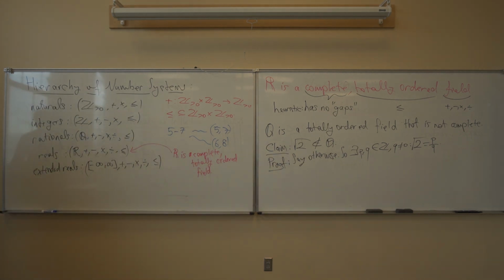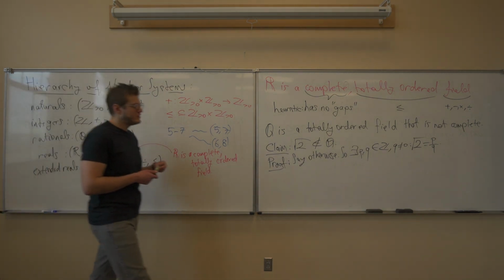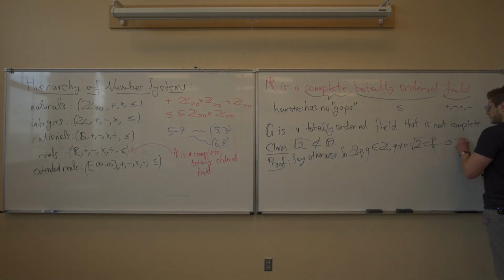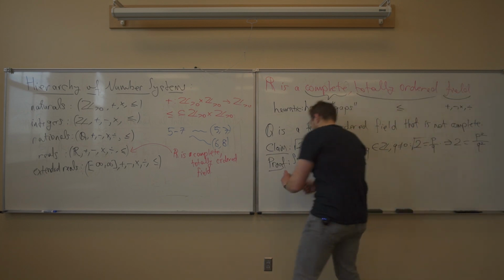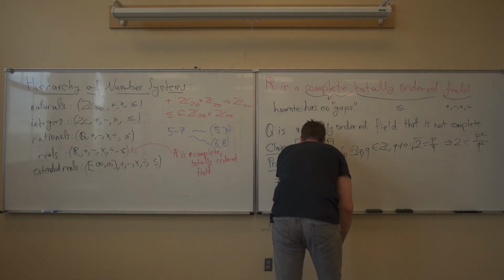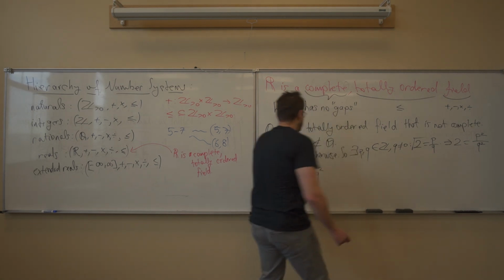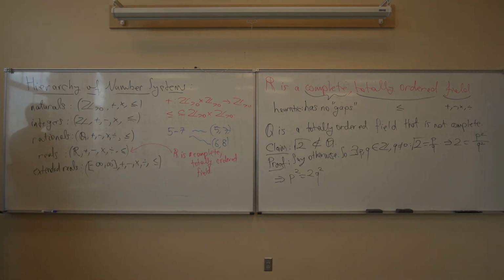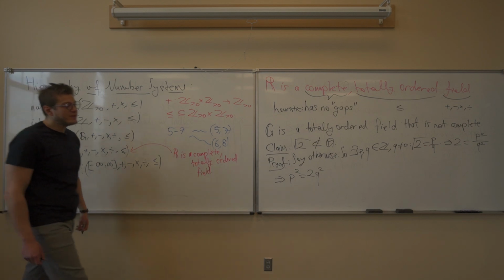Now I'm trying to get some contradiction. Squaring, I get 2 equals p squared divided by q squared, so that p squared equals 2 times q squared. This tells you that p squared is an even number. I'm going to leave it to you as an exercise that this implies that p is an even number.